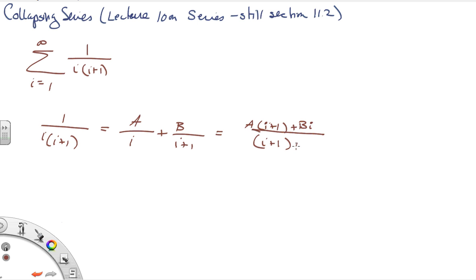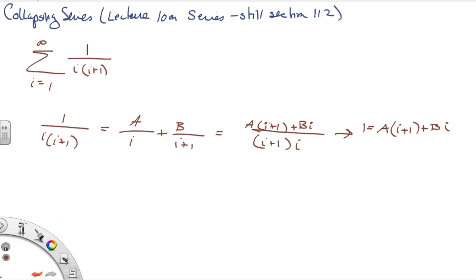When I solve for this, the numerators have to be equal for any I. So if you recall when we did partial fractions, A times (I plus 1) plus B times I have to be equal for any I.